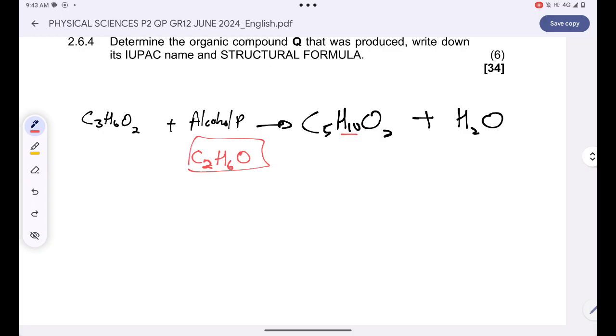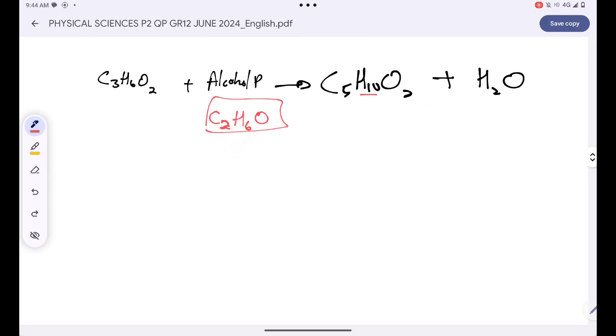This is the alcohol that was used to form compound Q, right? So if we add this properly, we simply have our carboxylic acid, plus our alcohol, that's OH. This is not necessary, but I'm just doing it for you to be able to see what's happening.